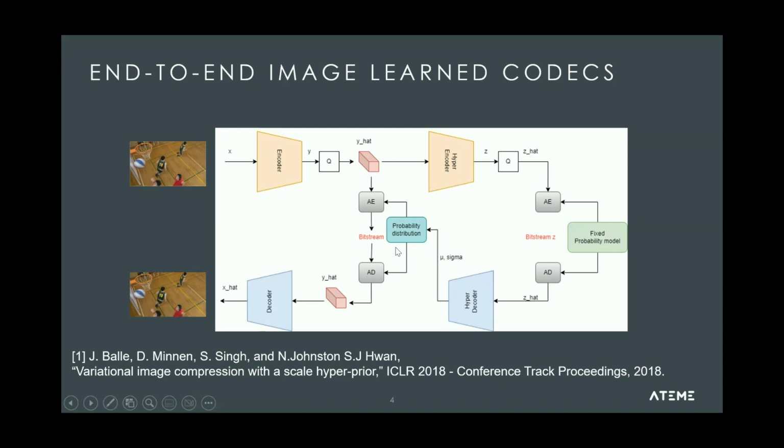So once we have those parameters, we can generate our bit stream and do our decoding, as I mentioned before. I need to specify that this architecture was introduced by Ballé. The reference is here, and this kind of architecture is used as a baseline of most works of end-to-end image learned codecs.